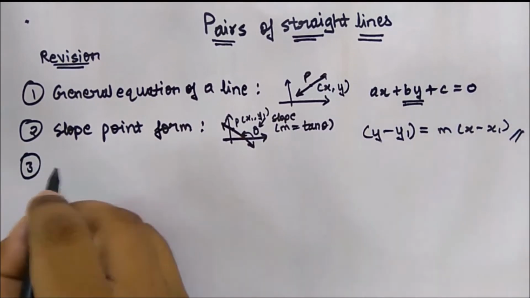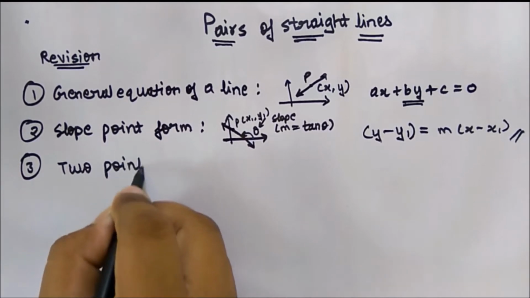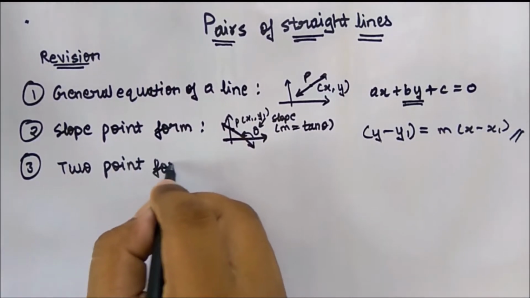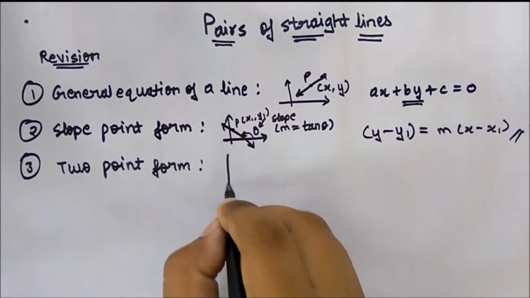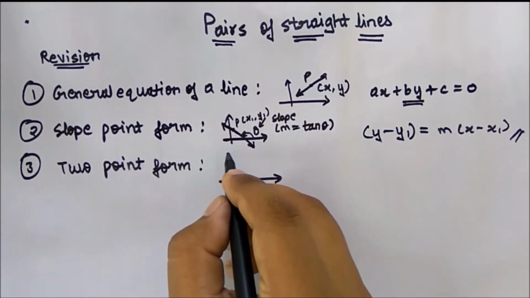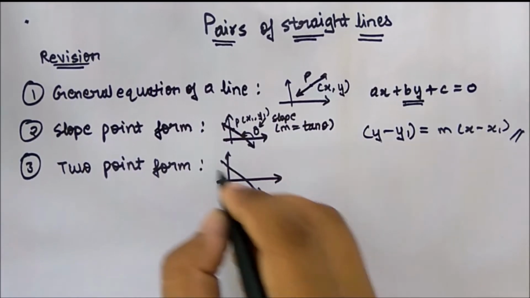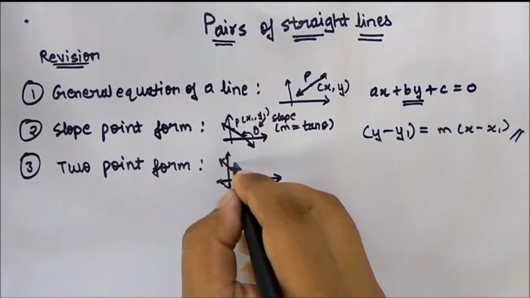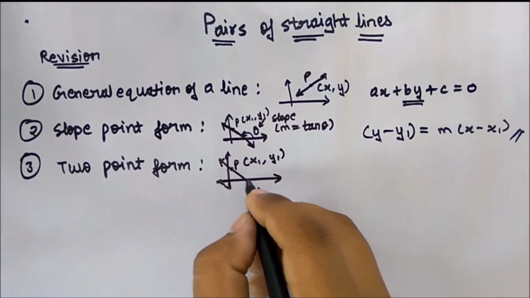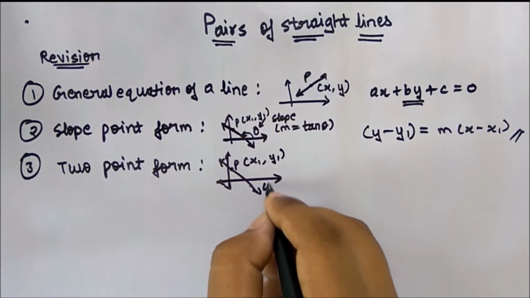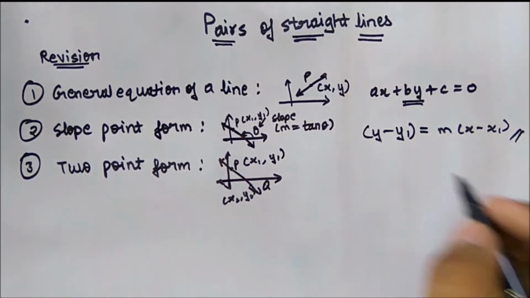The other one which we have studied is the two-point form. In this we used to have two points on our required line. Suppose this is our required line and this is point P, say (x1, y1), and this is point Q, say (x2, y2).